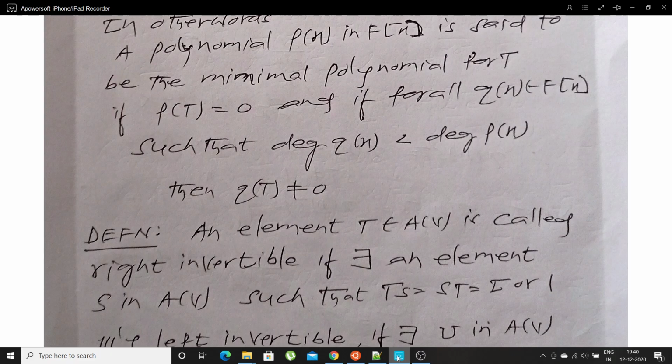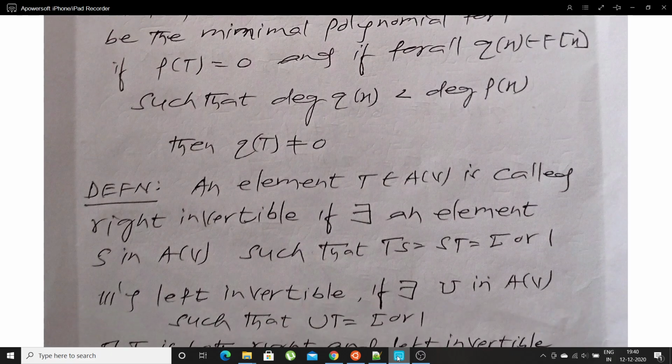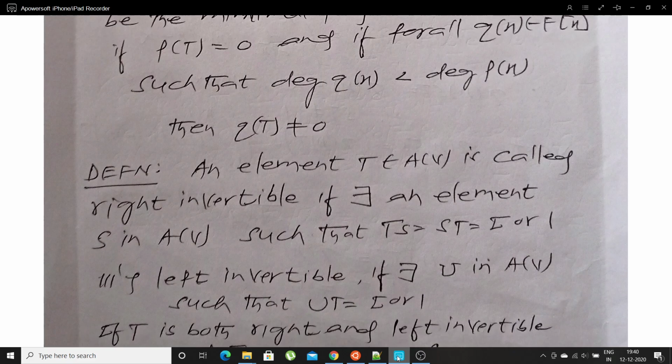S is also an element in A(V), such that the product of two elements ts is equal to st, and the product of these two is equal to I, the identity element, or we denote it by 1.